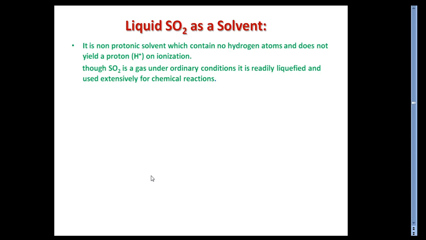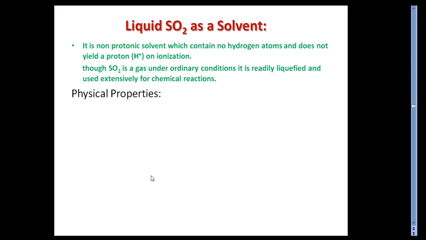Though SO2 is a gas under ordinary conditions, it is readily liquefied and used very extensively for chemical reactions. This is another fact about liquid SO2.